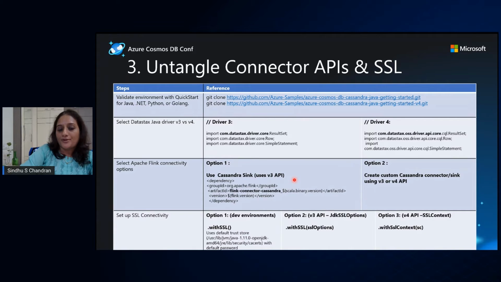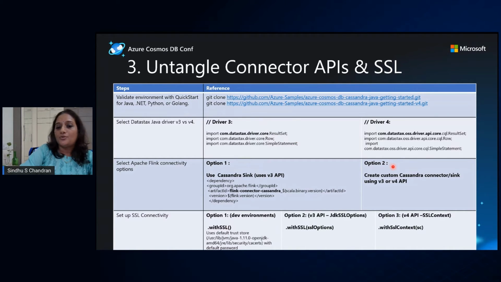So it is very important to be aware that this internally uses the DataStax version 3 API. So when we use anything related to Cassandra, it is better to stick to the same. If you're going to use the Cassandra sink, that is one option. Then you would rather use the same compatible Java drivers, the version 3 of the Java drivers.